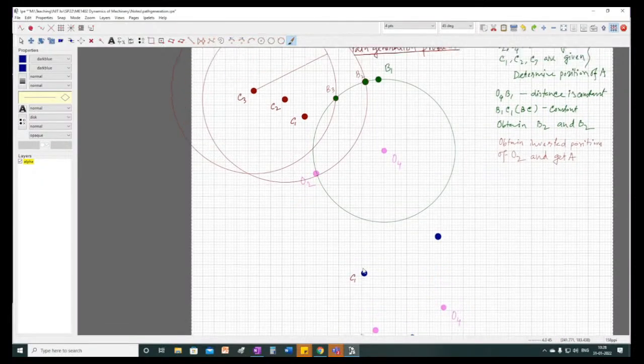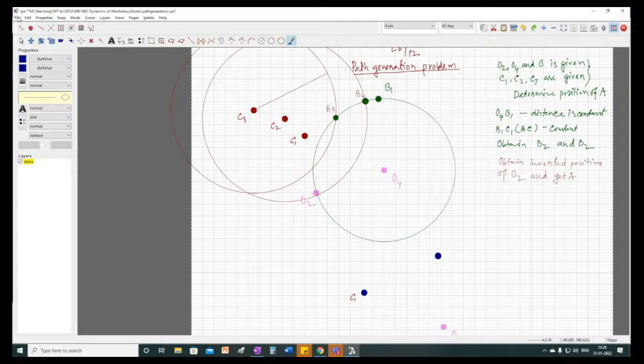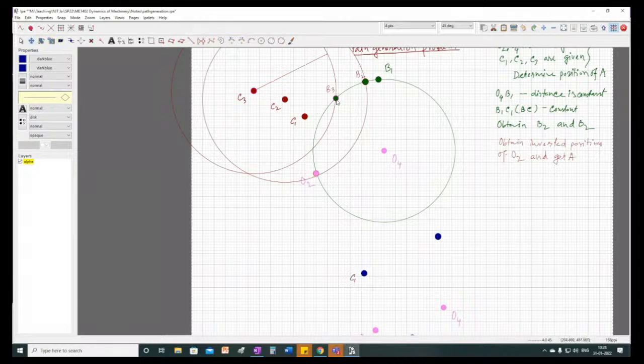The last step is now we have to copy the B3 position, the C3 position, and O2. Let us copy it, and these three positions we will now match exactly with this. This is the B point, right? We have to rotate it, and for this case, how much?